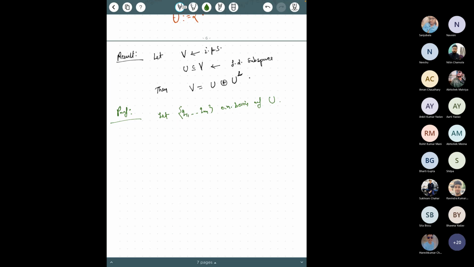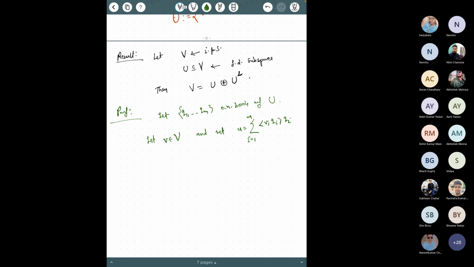So if I take any vector, let's say V in V, and I set this new vector, small u, as the sum of inner product of V with Qi times Qi, i equal to 1 to m. So basically what is this vector u? It is the orthogonal projection of V in the direction of the basis vectors of U.